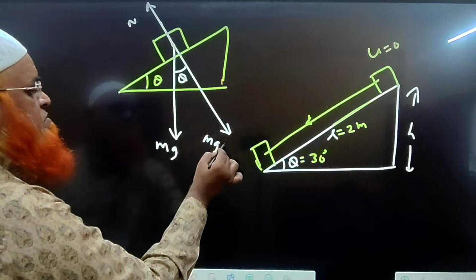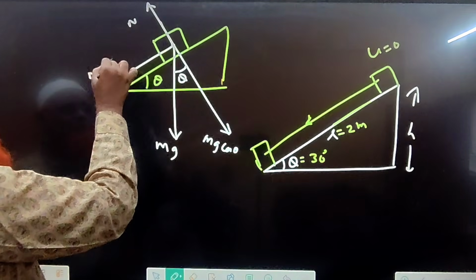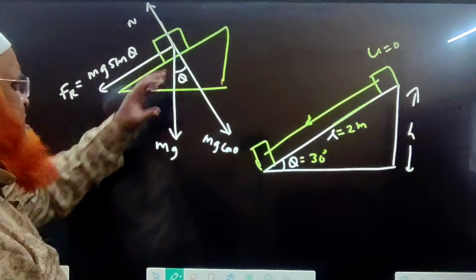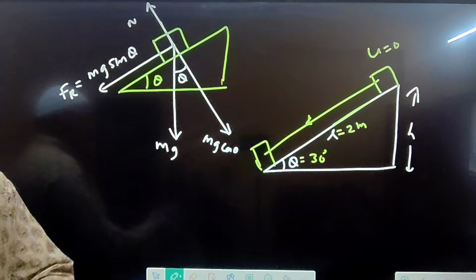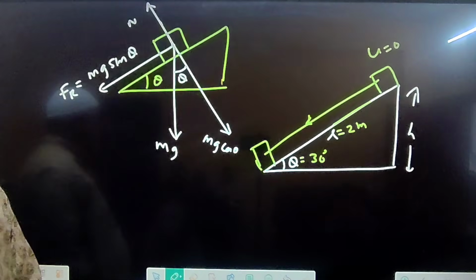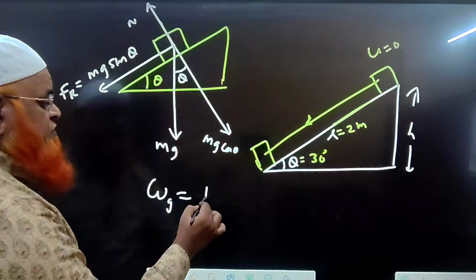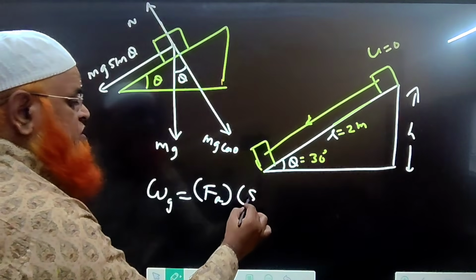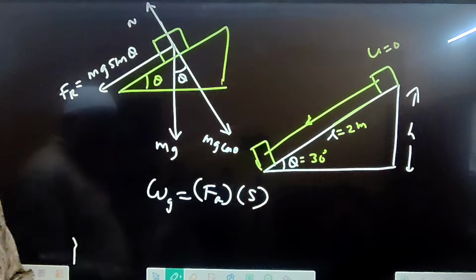And what is this? mg cos theta. And what is this? mg sin theta. So this is the force which is bringing the block downwards. Which force is bringing the block down the inclined plane? mg sin theta. And you all know work done by gravitational force is the resultant force into displacement. The general formula for work done is force into displacement.